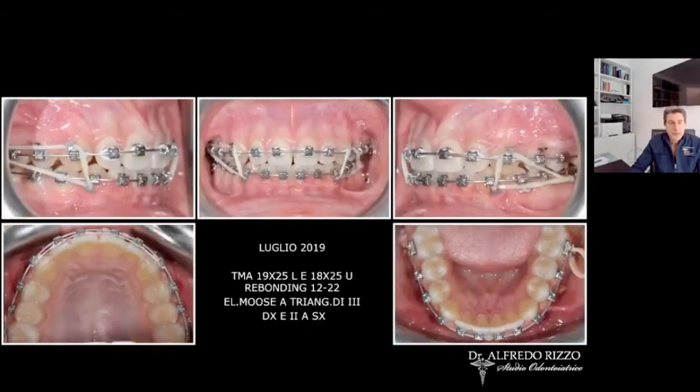And in July 2019, we put TMA arch wires, 19/25 in the lower, 18/25 in the upper. In the upper, it's a copper nitinol arch wire. We have rebonded 1-2 and 2-2 in order to improve the rotation.